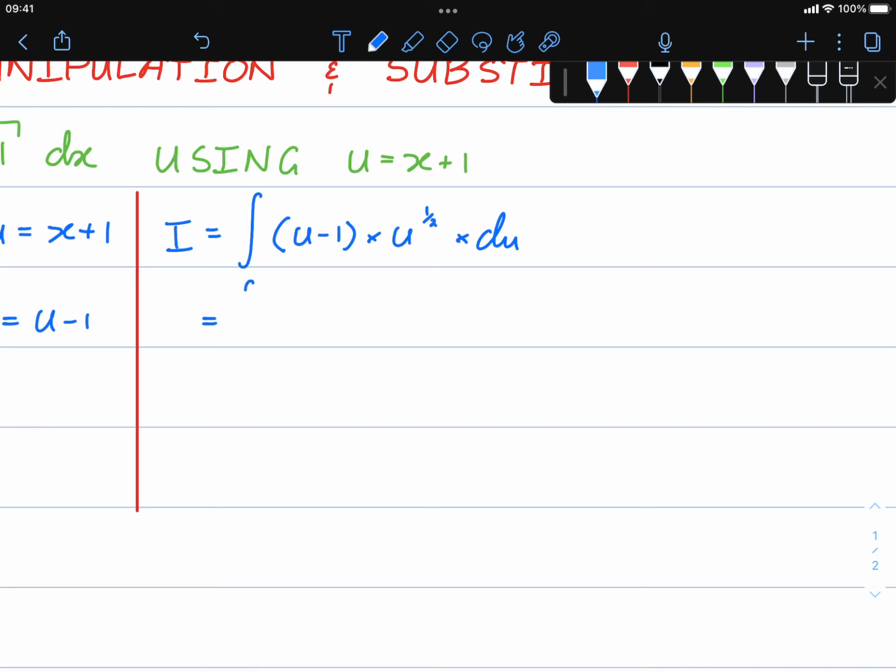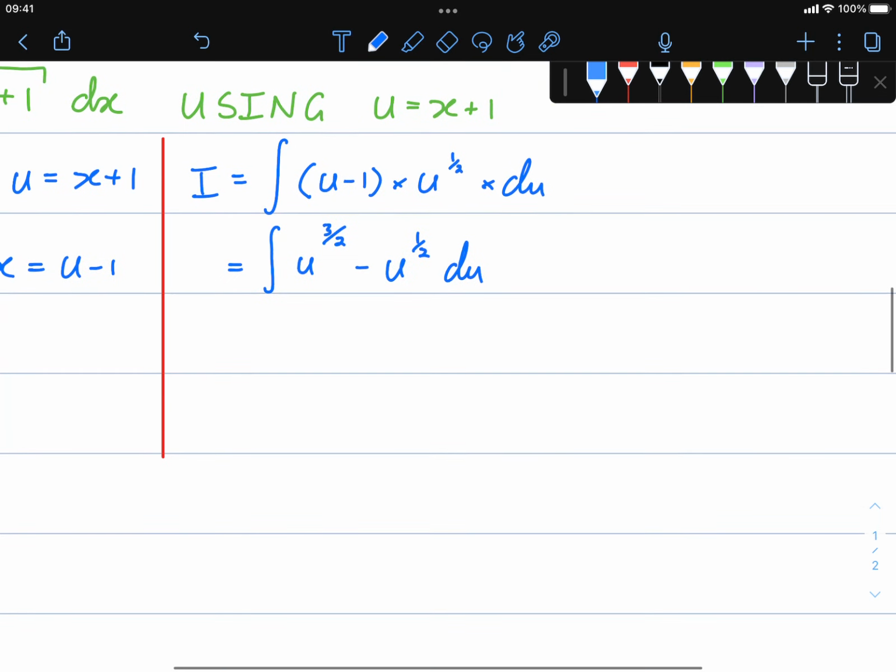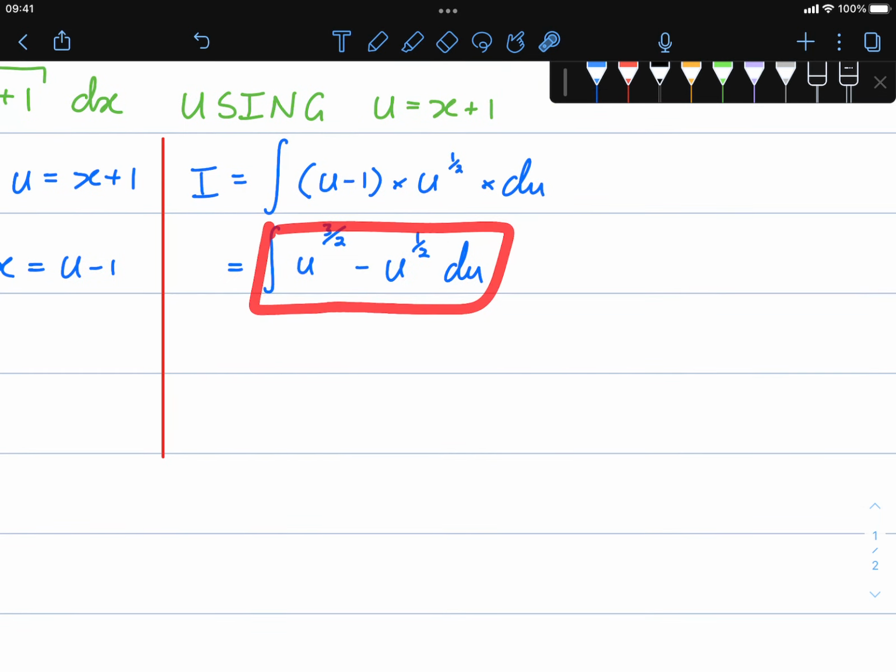Let's expand this. That's u to the power of half times u, that's u to the power of 3 over 2. This times negative 1 becomes negative u to the power of half du. And it's this that we integrate.